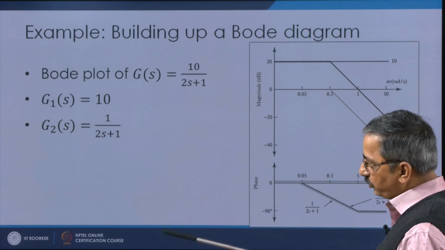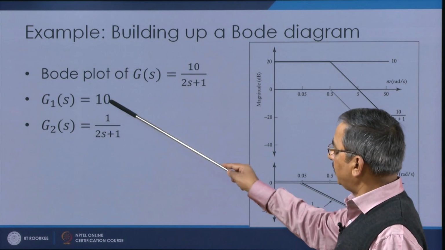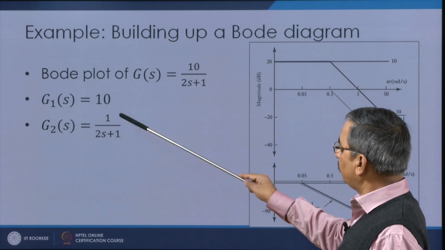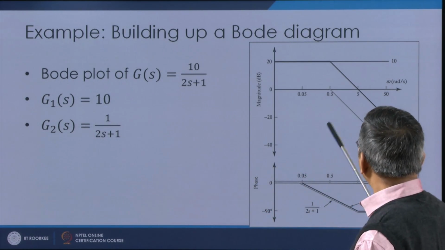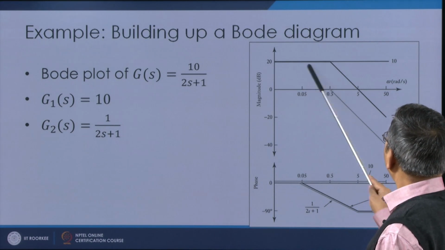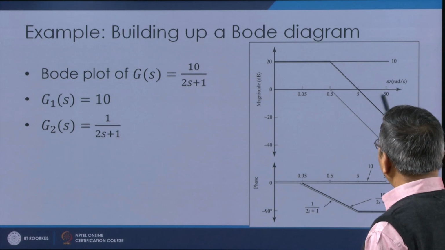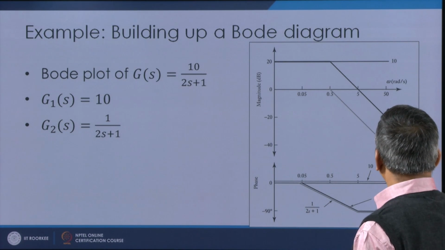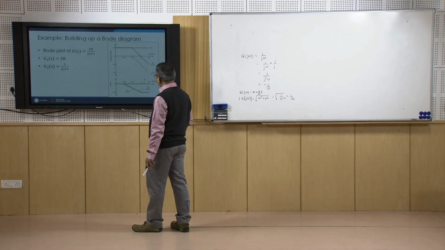And as I have shown you in the previous slide, for the combined transfer function G1(s) into G2(s), we can get the Bode plot by simply adding those up. So, I add this with this one, and this is what I get. This represents the magnitude in the Bode plot for the transfer function 10 by 2s plus 1.